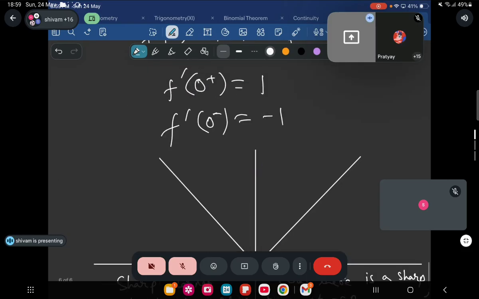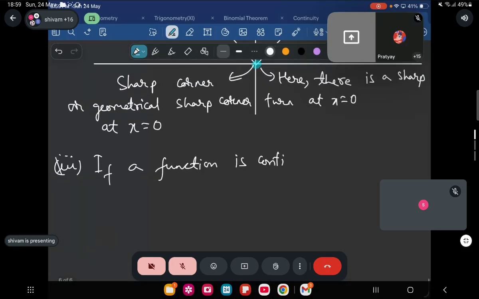You people are copying blindly. y equal to mod x is continuous. Is it differentiable? So if a function is continuous, it does not imply it is differentiable.